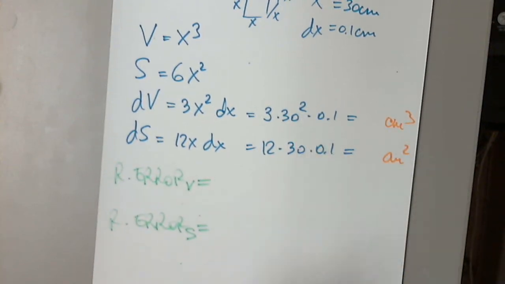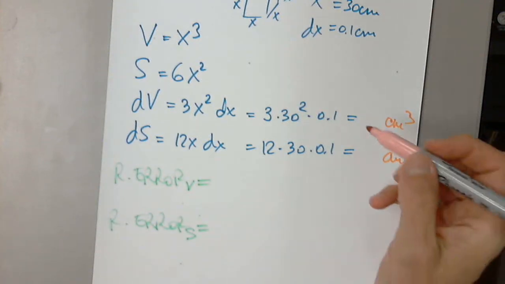Are V equals x cubed and S equals 6x squared the formulas for it? Yes. So the volume of a cube is the area of the base times the height, so x squared times x. And the cube has 6 identical faces, and x squared times 6.